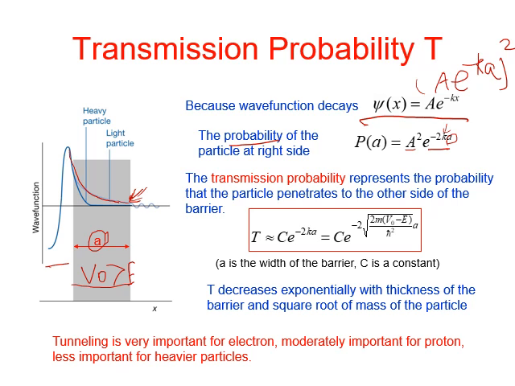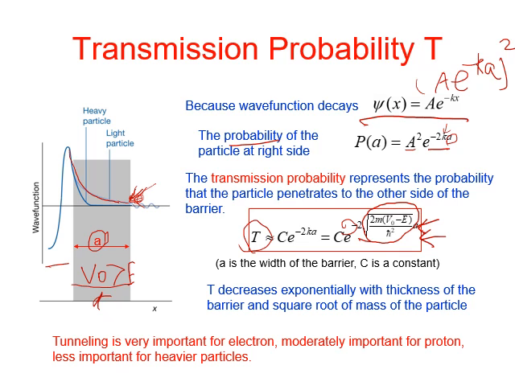Now what is K? K is the square root of 2m(V0 minus E) divided by h bar squared. V0 is the potential energy of the wall, and E is the total energy of the system. Now, according to this equation, because you have a negative sign, the smaller the a, the larger the transmission probability, the more possibility the electrons will go out.